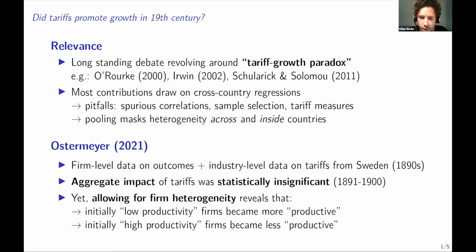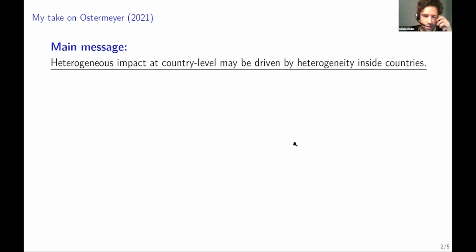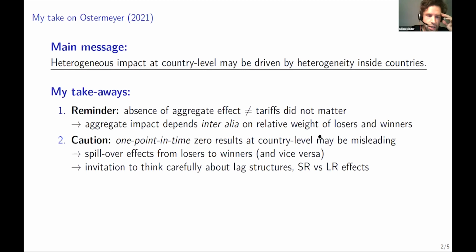But when he allows for heterogeneity, the regressions reveal that initially low productivity firms became more productive, and initially high productivity firms became less productive. Now, what's the main message? Obviously, heterogeneous impact at the country level may be driven by heterogeneity inside the countries.